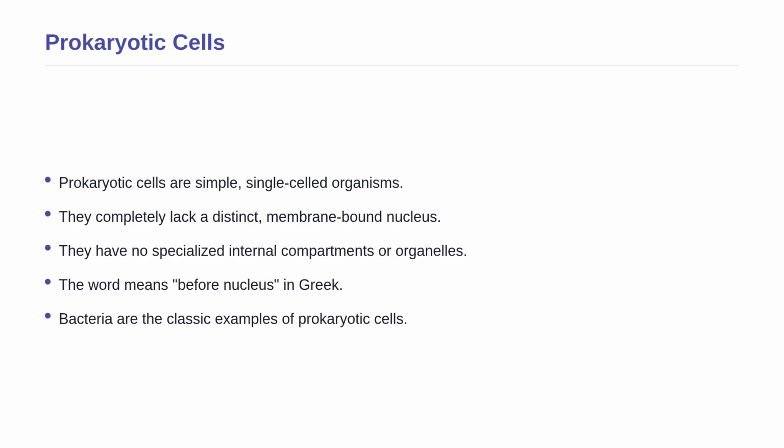The word itself comes from Greek, where pro means before, and karyon means nut or kernel, which refers to the nucleus. So these are the cells that existed before the nucleus evolved. The most classic, everyday examples of prokaryotic cells are bacteria. They are small, efficient, and incredibly resilient.